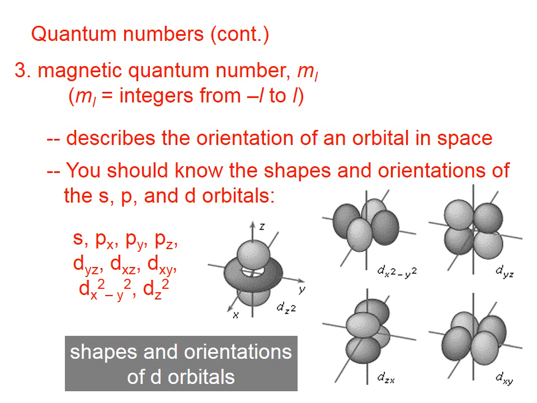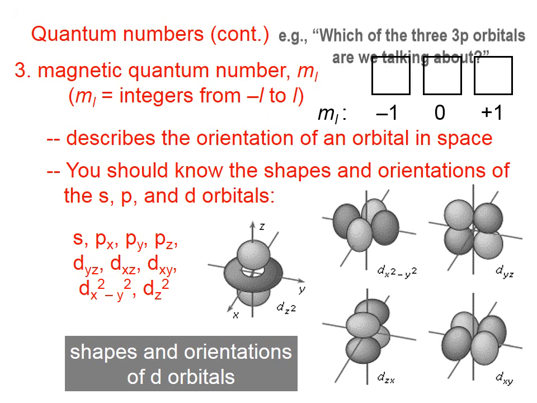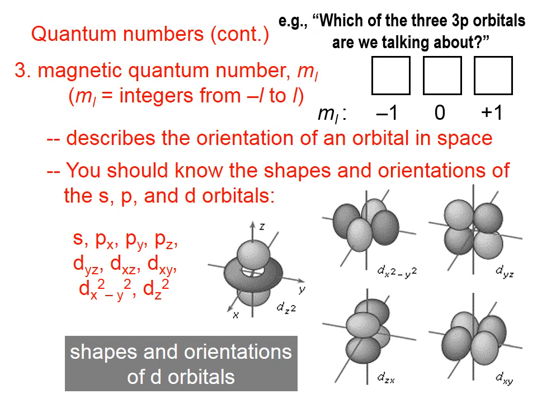If l is equal to 1, those are p orbitals. If the magnetic quantum number ranges from negative l to l, that means for any p orbital, the magnetic quantum number ranges from negative 1 to positive 1, jumping by integers, so negative 1, 0, or positive 1.